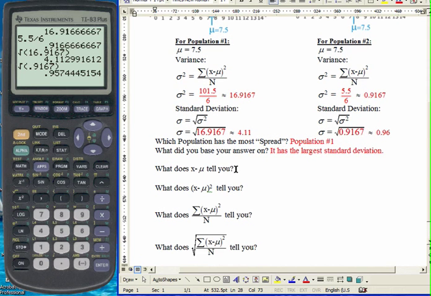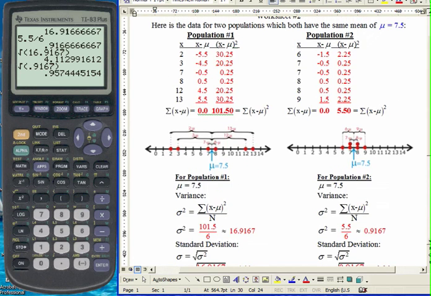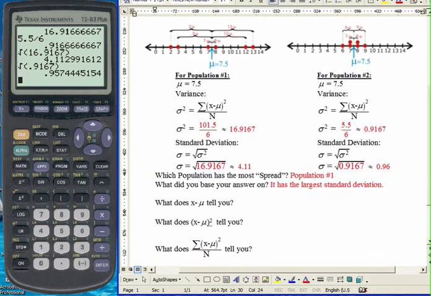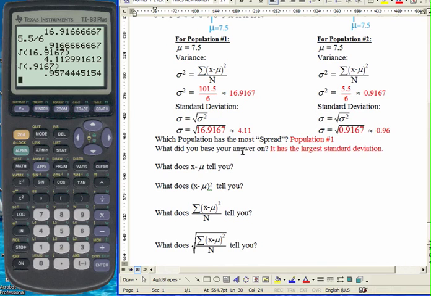Now, let's get back to that annoying imaginary friend I was telling you about. The last thing you want to do in your homework is to just go through it mindlessly, just going through the steps and not knowing why you're doing it. You're wasting your time. So, think about what you're doing. What does x minus mu tell you?